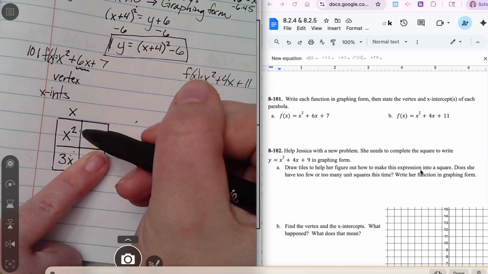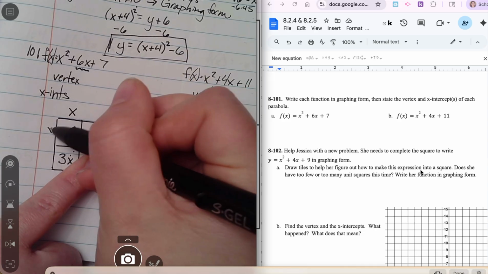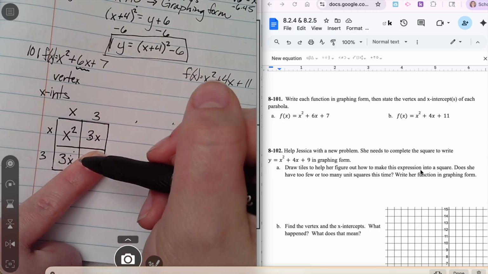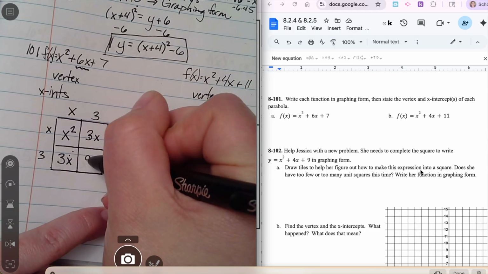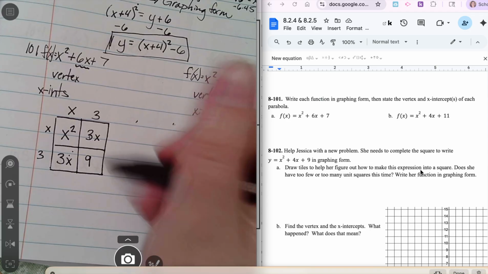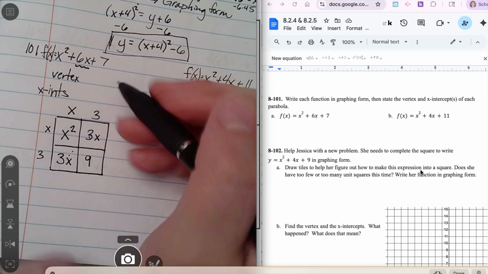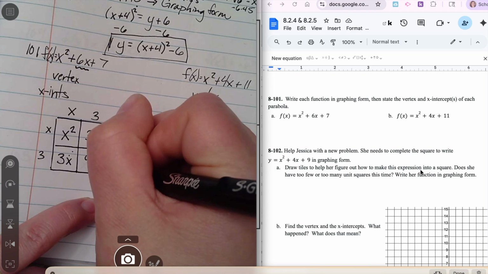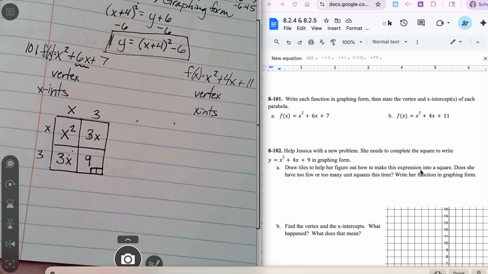Now, in order to finish this box, I would have x and x, 3 and 3. But that would cause me to get 9 tiles down here. But I only had 7 tiles to work with, so I actually have to add in 2 tiles in order to fill this box in correctly.